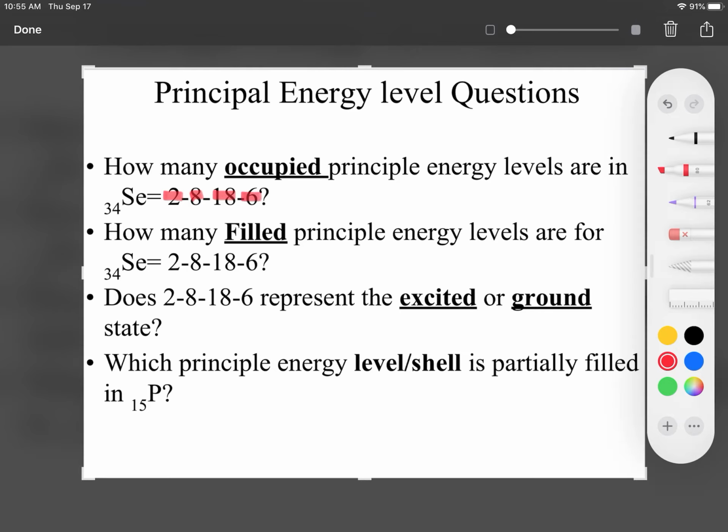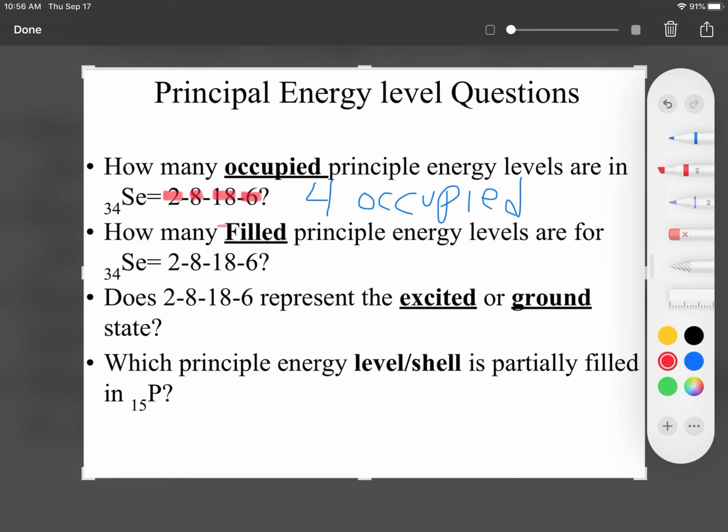There's 6 in the fourth shell or level. So how many occupied here? Well, how many have at least 1 electron? If you notice, there's 4 numbers here. So there are 4 occupied levels or shells. Okay? So understand what that wording means. Occupied simply means there's something in there.